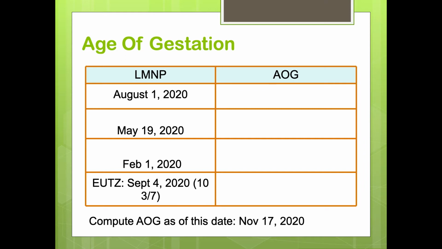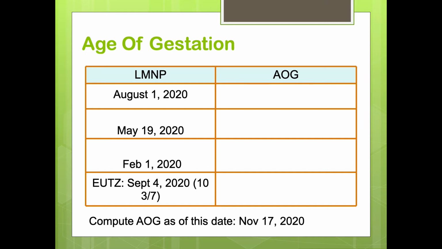So 30 plus 30, 60. And then add in October. So plus 31 days for October, that is 91. Okay, plus 17 because up to November 17. So that is 108. So 108 divided by 7 days in a week. So that would give you 15 weeks and 3 days.